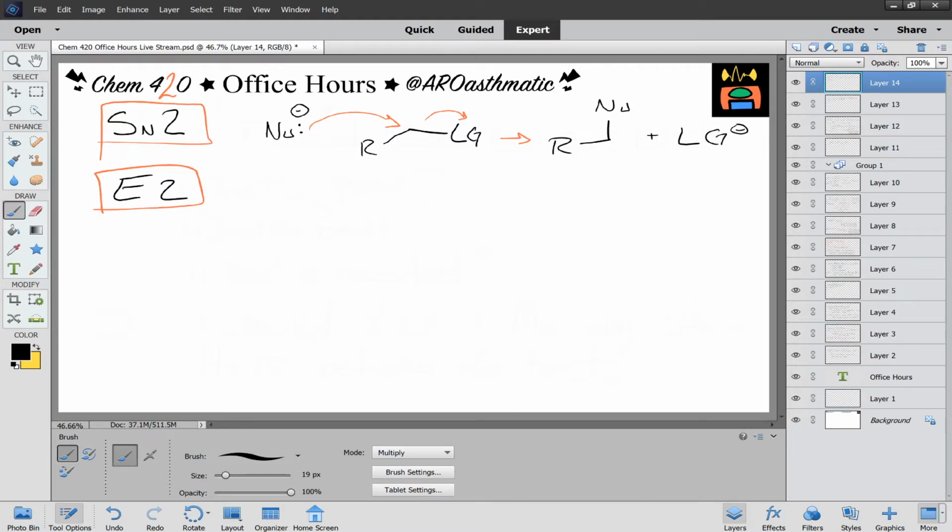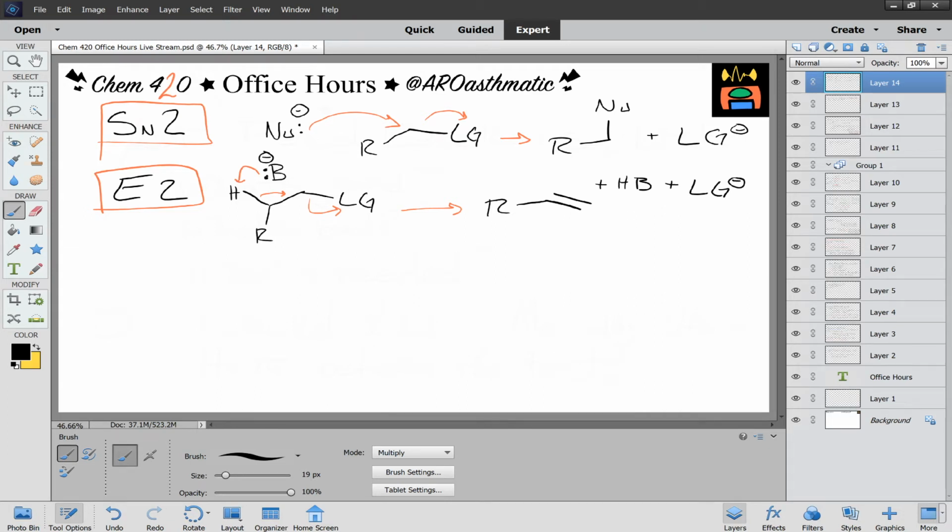The difference is in an E2 elimination, instead of a nucleophile doing a displacement, you have a strong base rolling in, deprotonating a beta hydrogen, giving us an elimination product plus a conjugate acid plus our leaving group anion.